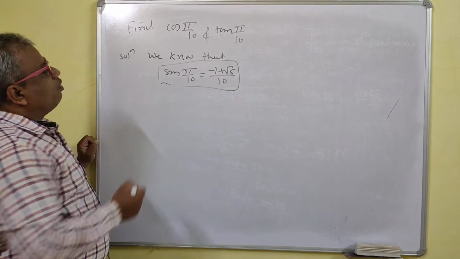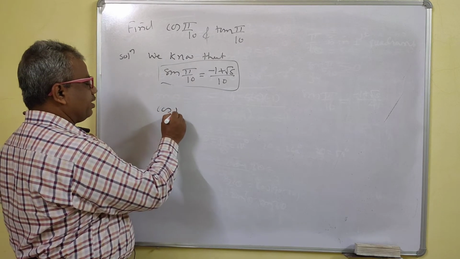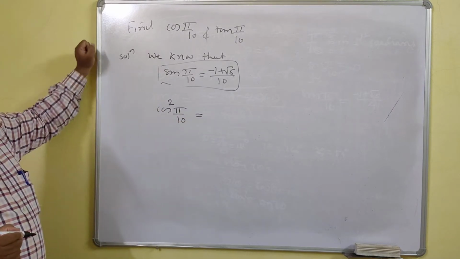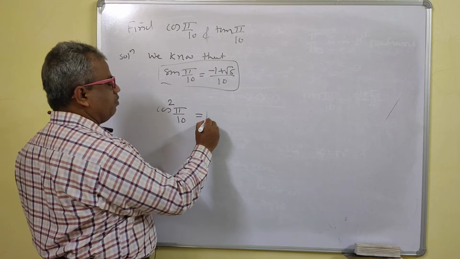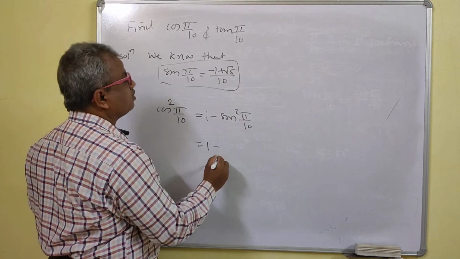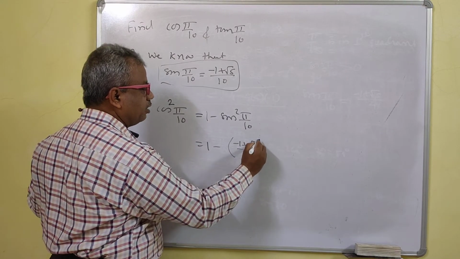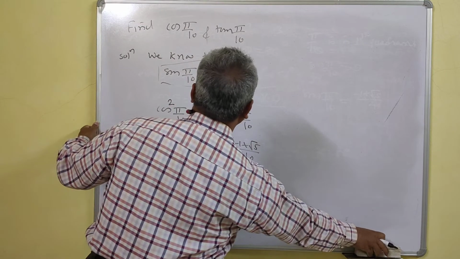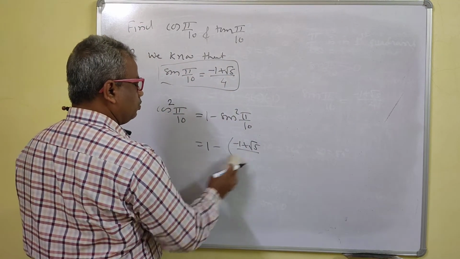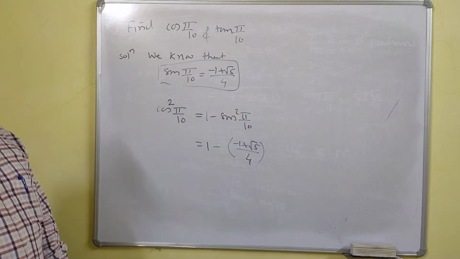Okay, so now apply your fundamental identity. What is your fundamental identity? Cos pi by 10. First we will find cos square, so this is 1 minus sin square pi by 10. So this is 1 minus minus 1 plus root 5 upon 10, not upon 10, it should be 4, upon 4, right?